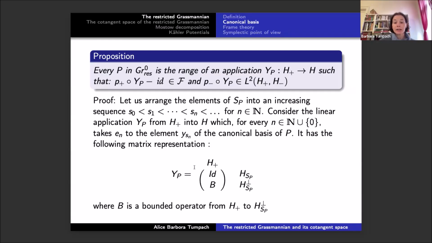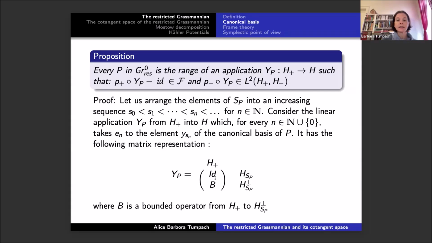So this means, in particular, if you write this operator YP in the basis that I have written here, so H plus is a starting space, and then we can decompose the Hilbert space H into two subspaces, HSP and its orthogonal. And this YP is exactly of the form identity in the first block and a bounded operator B, which is actually Hilbert-Schmidt, for the second block.